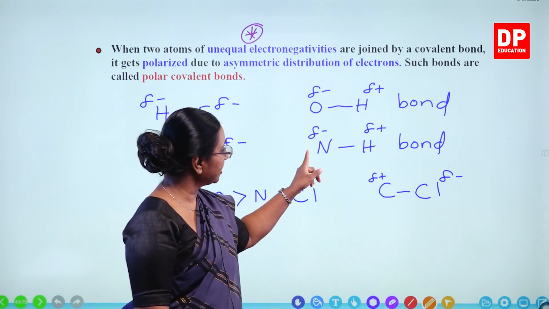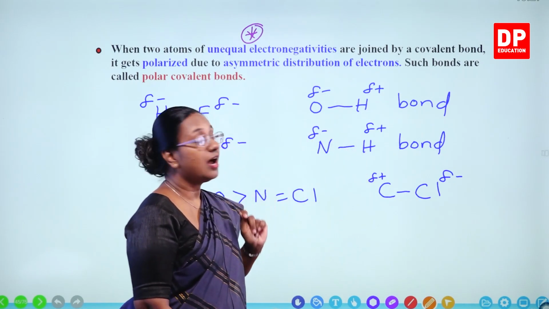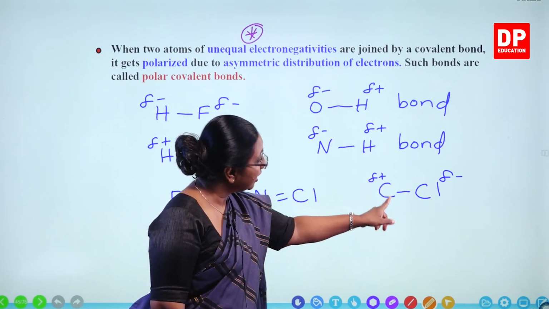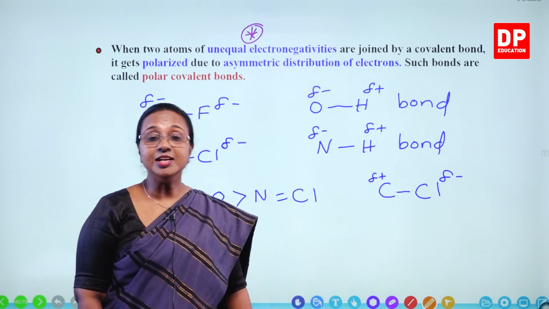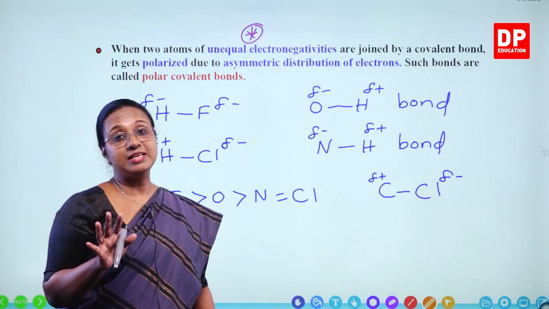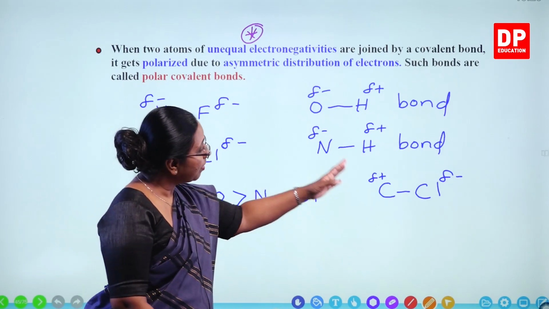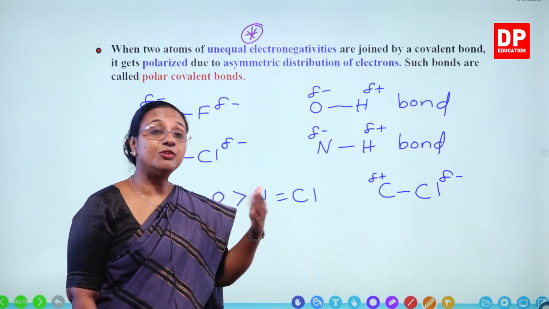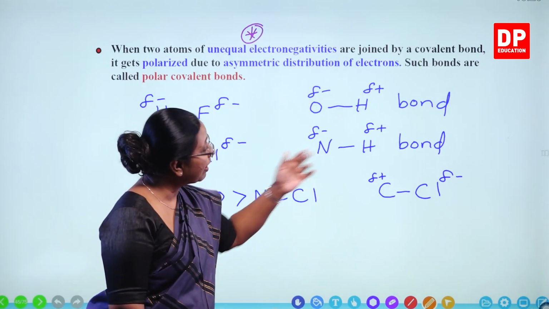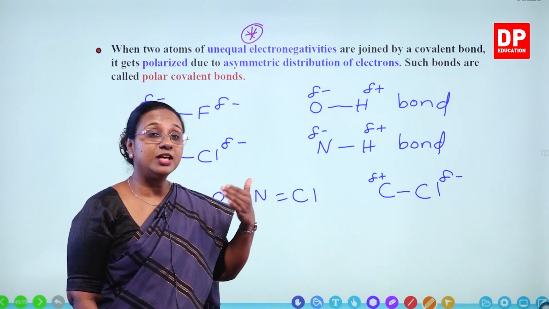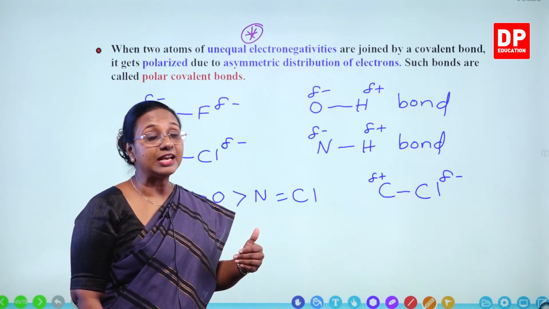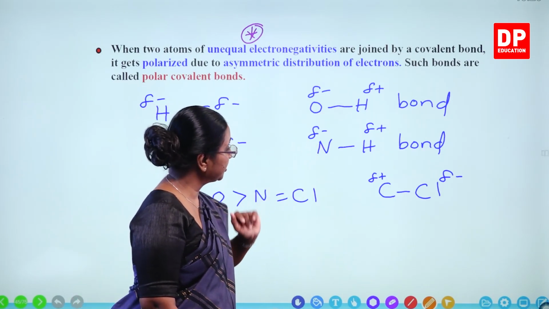And here again nitrogen gets the negative charge and hydrogen the positive charge. Here also carbon gets the positive charge and chlorine gets the negative charge. So from all these examples, students, in the bond the most electronegative atom has the partial negative charge and the electropositive atom, or the atom with less electronegativity, gets the positive charge.